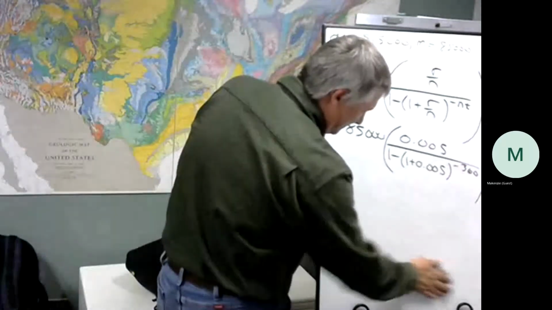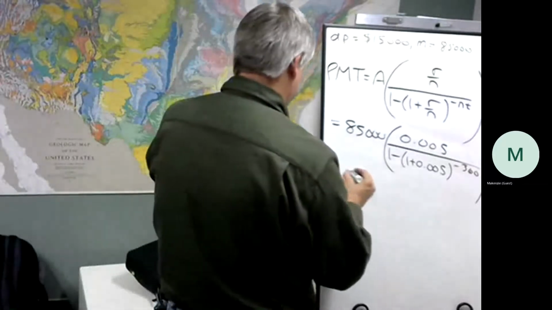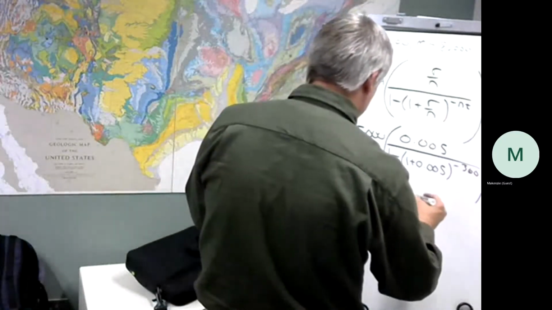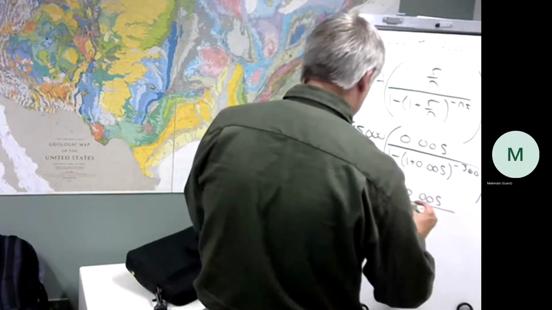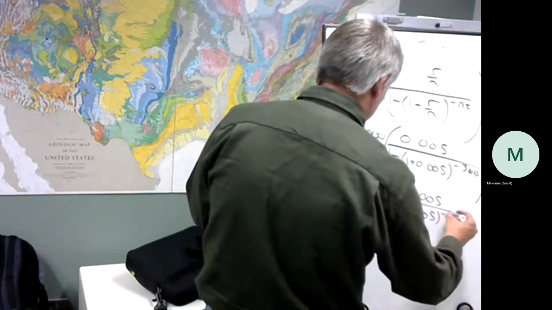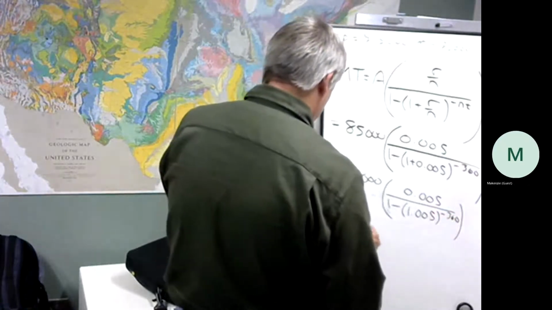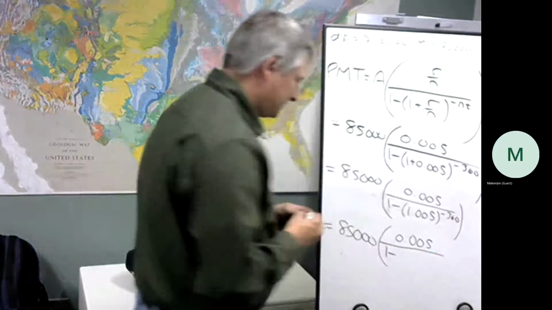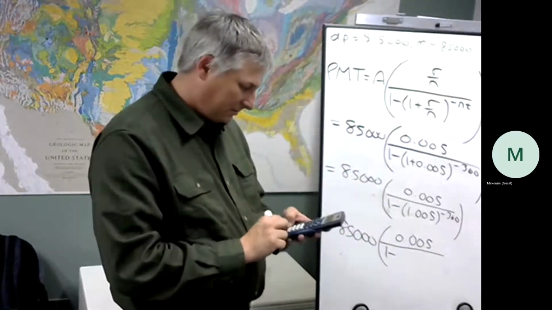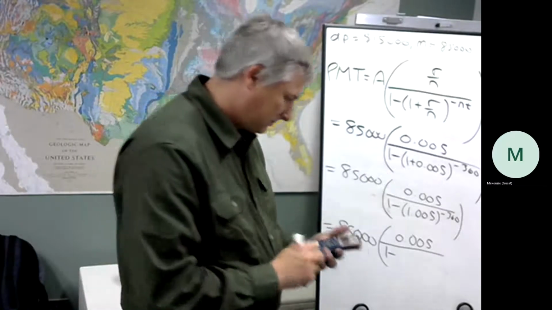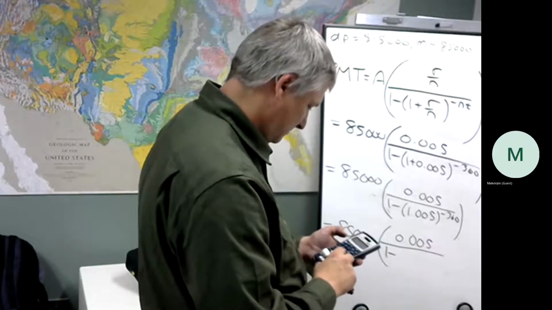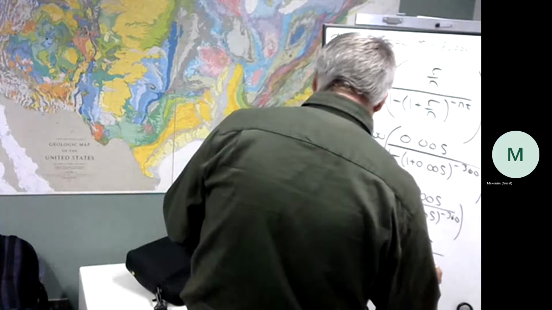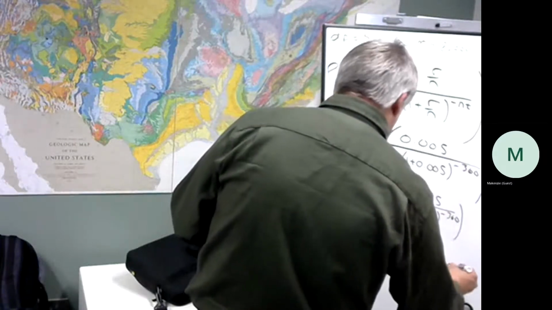So again, I'm going to go through this stepwise. Let's see, 1.005 to the minus 360 is 0.166041928.